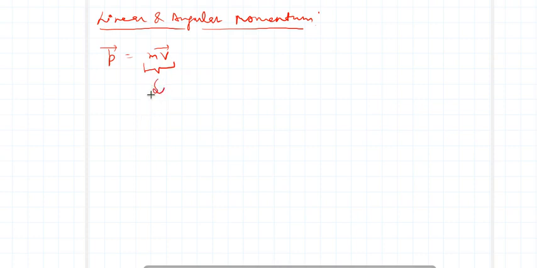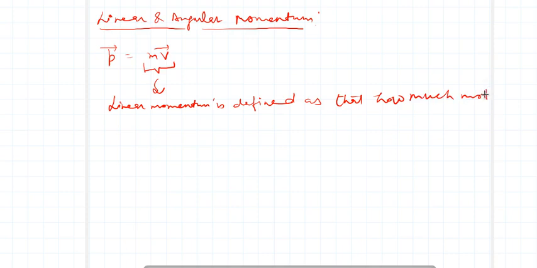It means that linear momentum is a quantity which tells us how much motion is contained in a body of mass m.